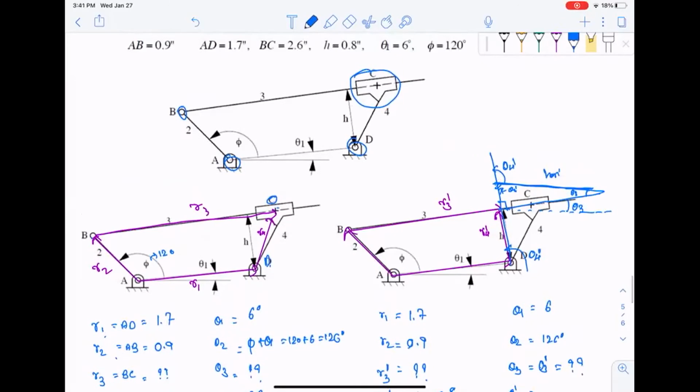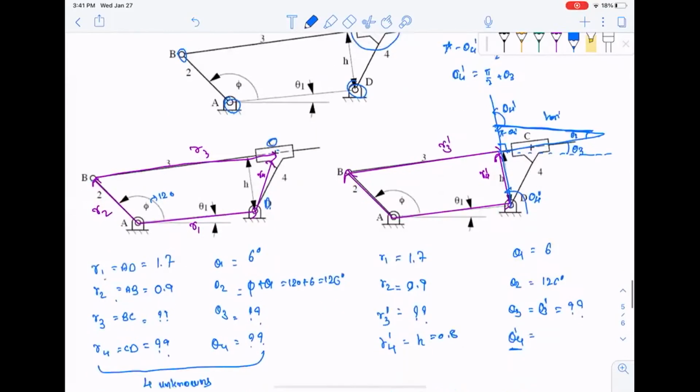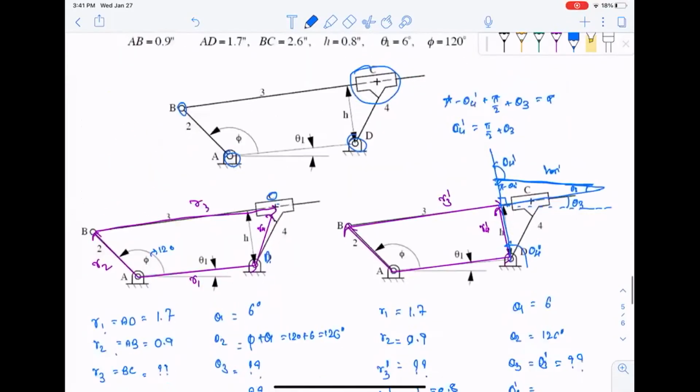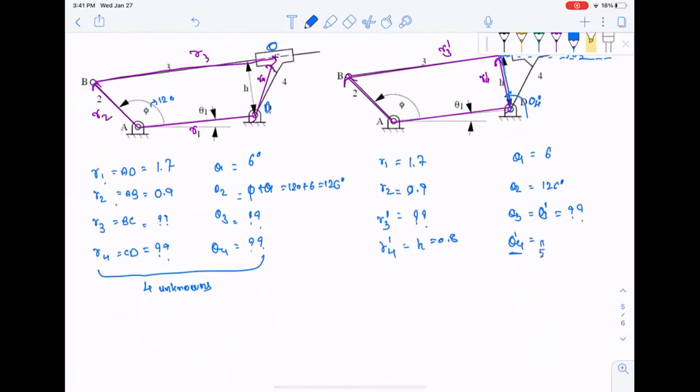The summation of the three angles of a triangle is 180 degrees, that is pi. So now I can write pi minus theta 4 dash plus pi by 2 plus theta 3 is equal to pi. Pi will cancel out. Theta 4 dash is equal to pi by 2 plus theta 3.